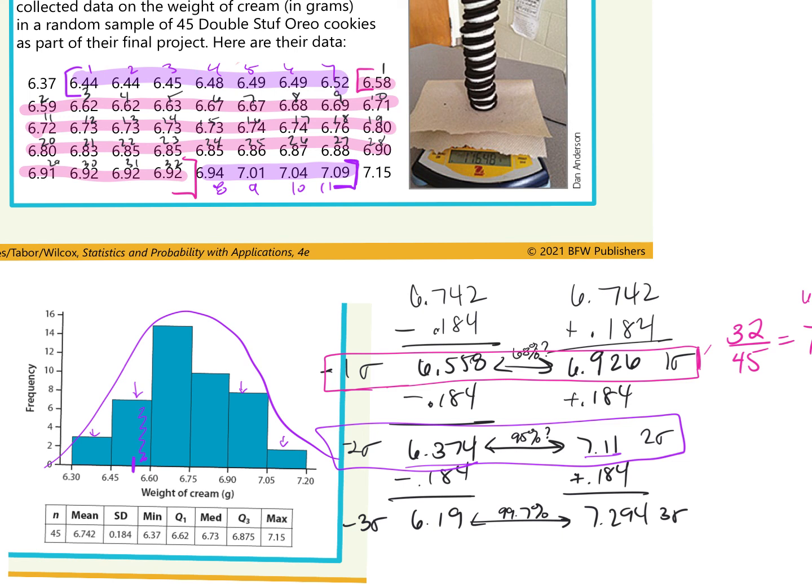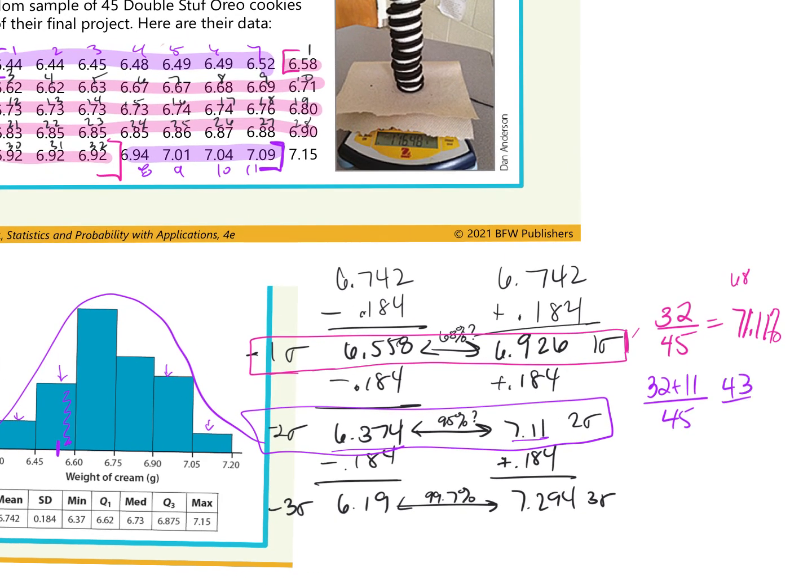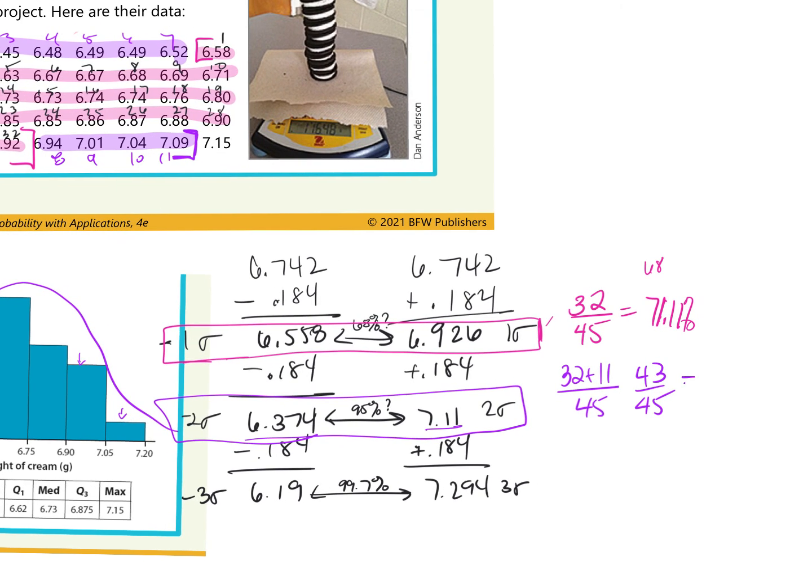So now we're going to add 11 to the 32, which gives me 32 plus 11 over 45, which is 43 out of 45. 43 divided by 45 is 95.55%. Okay, we're looking pretty good here. That's pretty darn close to 95%. And then the last one, 3 standard deviations from the mean, is going to include everything between 6.19 and 7.294.